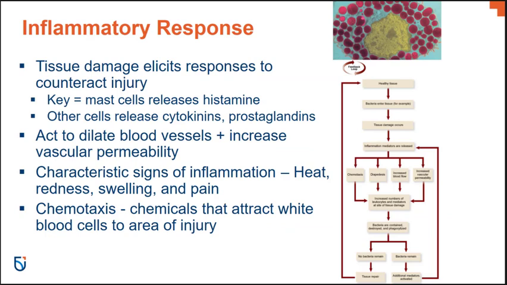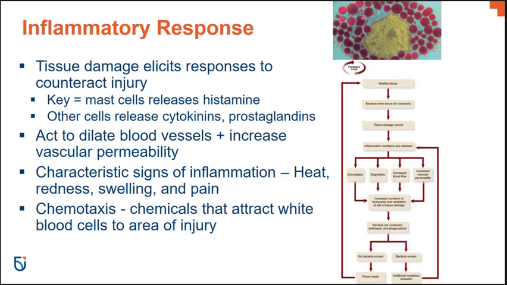If bacteria or other invaders break through the chemical and mechanical barriers that are formed by the membranes and their secretions, the body has our second line of defense that now kicks in, and this is referred to as the inflammatory response. Tissue damage elicits this host of responses that work to counteract the injury and really promote a return to the normal state.